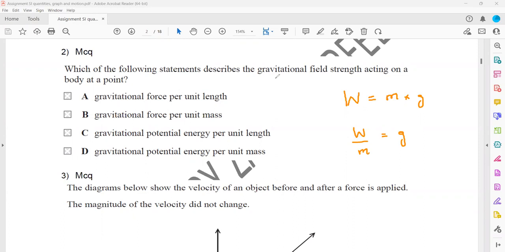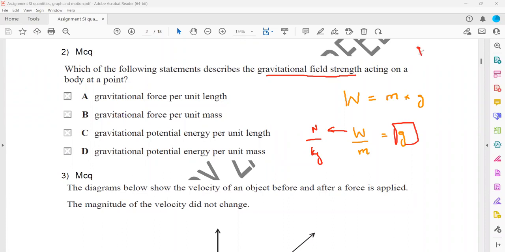Like the question is, which of the following describes the gravitational field strength? So which one describes the gravitational field strength? So the value of g. Weight is there in Newton and mass is there in kilogram. So basically it's the gravitational force, because weight is the force, the gravitational force per kilogram or unit mass, or on a unit mass.